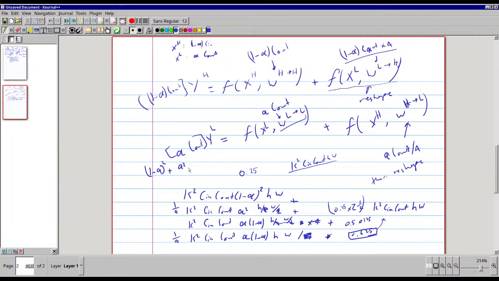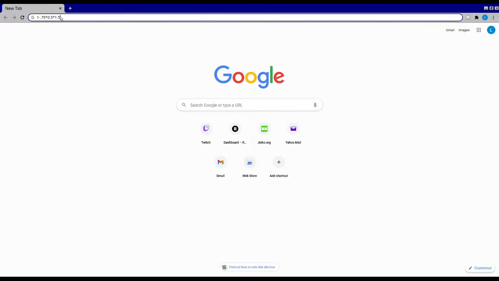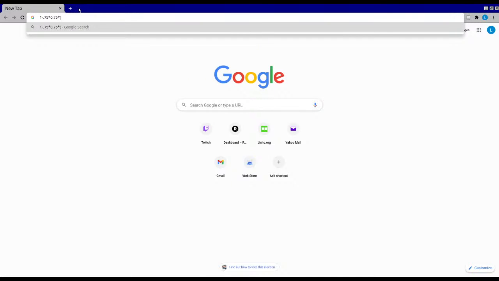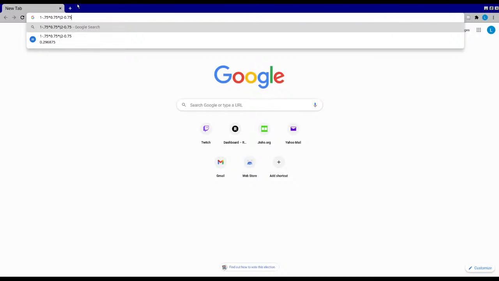Plus alpha squared over 4, plus 1/4 alpha 1 minus alpha. There's 0.75. 2 minus 0.75. 0.296.